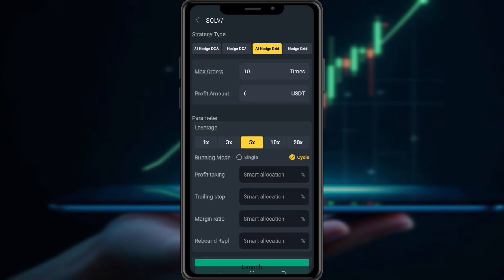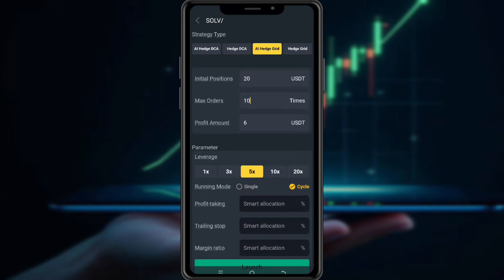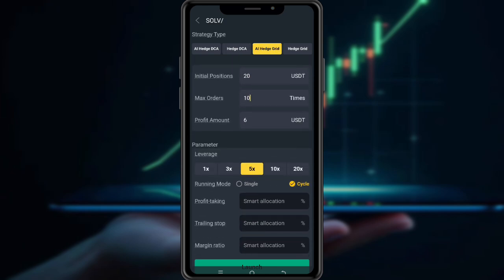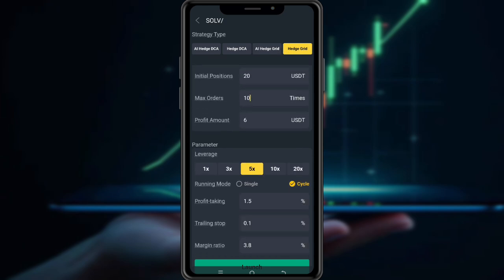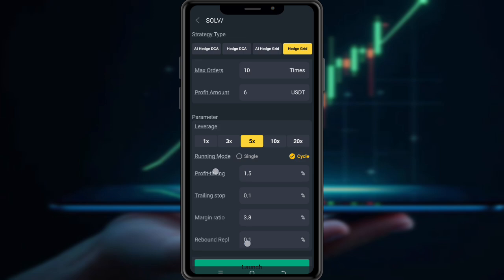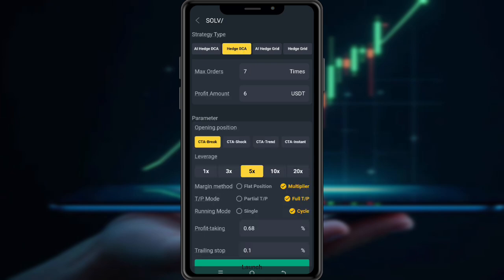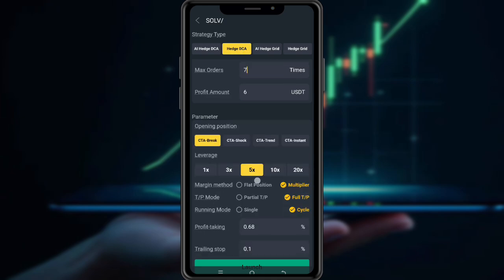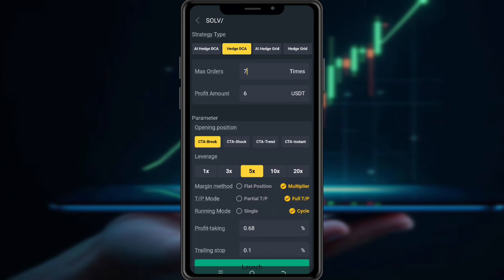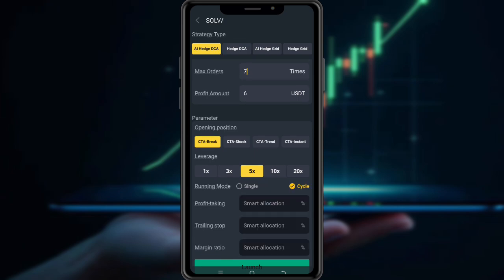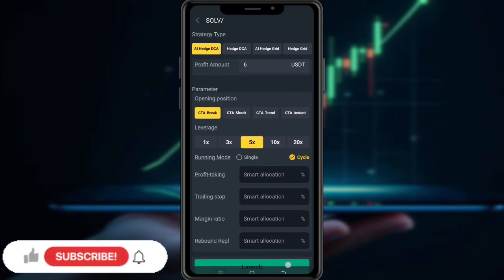Then also AI grid, it means you want to leave it here as you are seeing mine. Then AI grid, also you're going to have these settings. So now you can see that with AI grid and grid, you don't have the other options, where if I click on DCA, you have this margin method, take profit, running mode. So that is how it is. So you're going to leave it here, then just launch the coin.